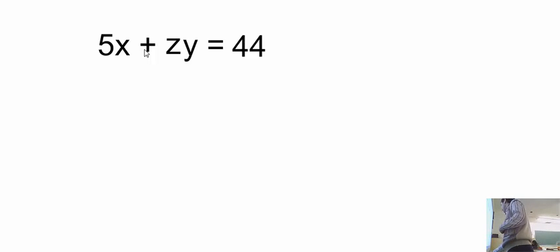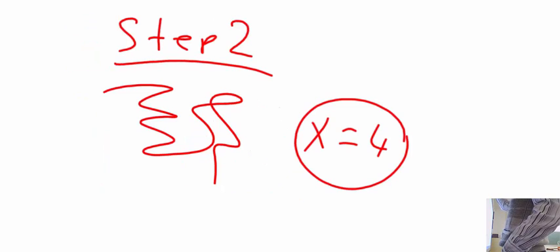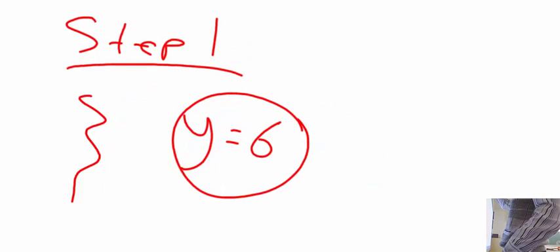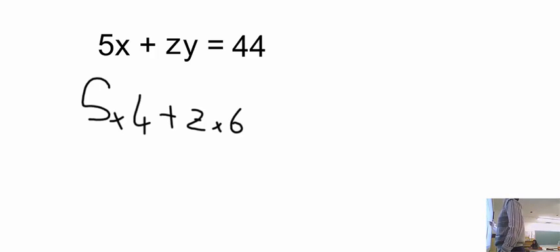Very similar. So 5 times X, you find out Y is 6, X is 4. X is 4. So Z, keep it as Z. Y times 6 equals 44.